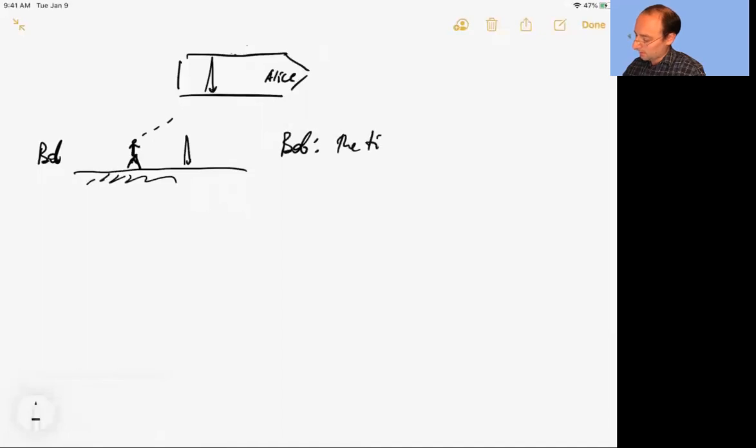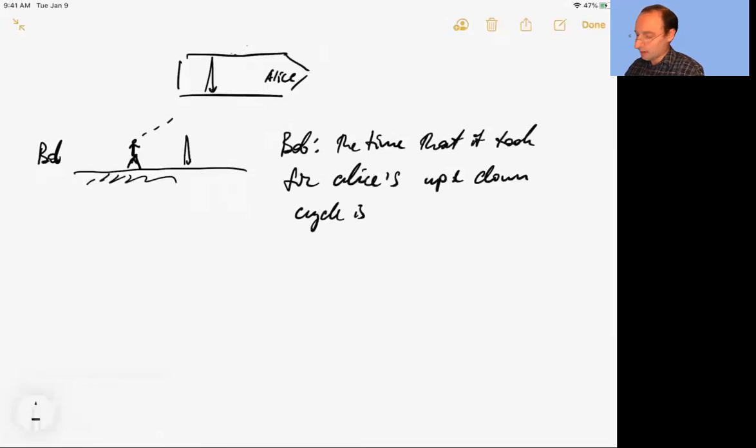the time according to his clock that it took for Alice's up and down cycle is 2d over c, and 1 minus d over c quantity squared.